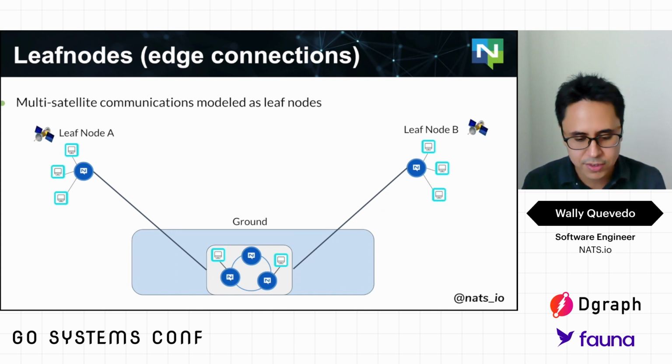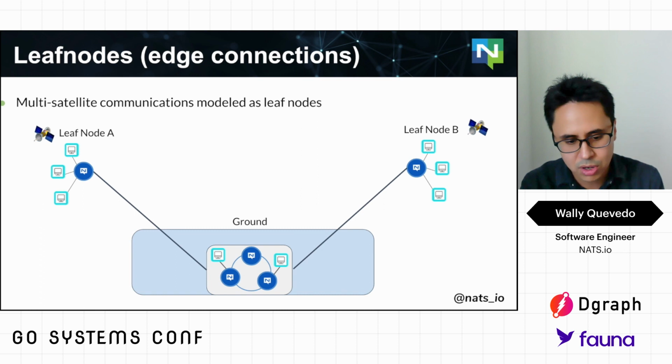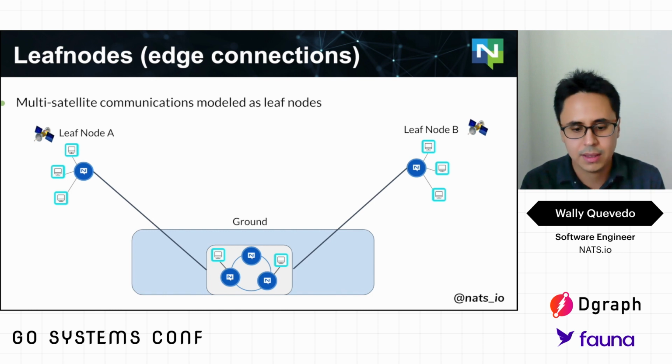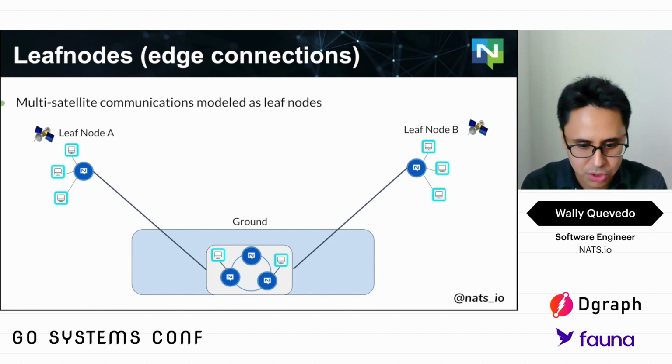In this case, we have a single ground cluster, and through the ground cluster, leaf nodes A and B were able to communicate with each other. And as they get close, for example, they themselves, instead of using those leaf node connections, could create a cluster themselves and stop using that other connection to communicate with each other.